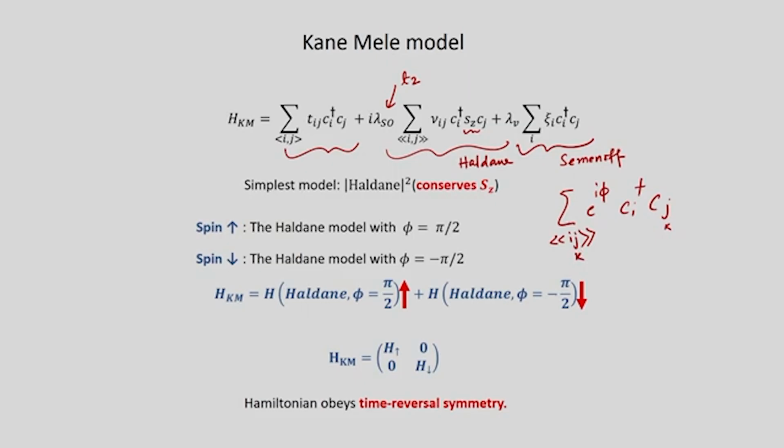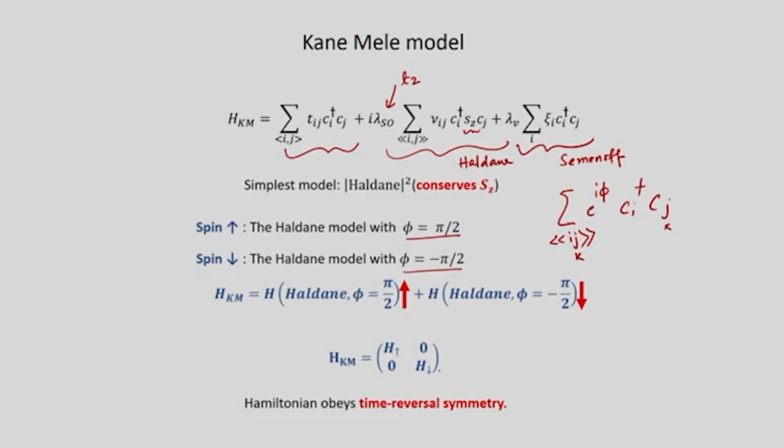We have shown this picture many times, and similarly for the spin down electrons, it's another Haldane model with flux equal to minus pi by 2. So there's a flux pi by 2 for the upspin and minus pi by 2 for the downspin, and this is exactly what is written here.